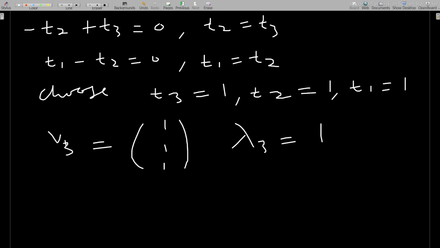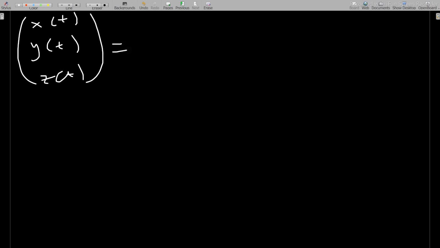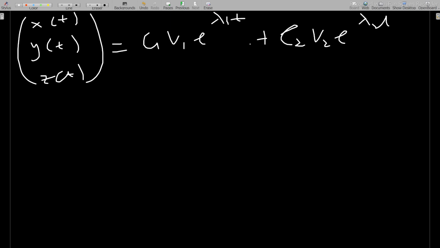So the general solution for this, since we have distinct roots and eigenvectors, is y of t, x of t, z of t equal to c1 v1 e to the lambda 1 t plus c2 v2 e to the lambda 2 t plus c3 v3 e to the lambda 3 t.